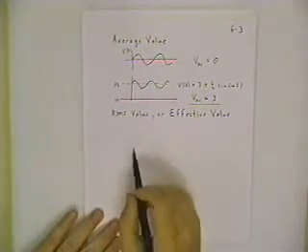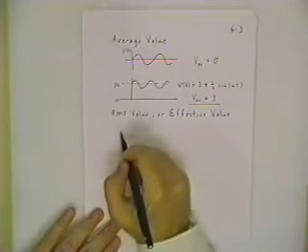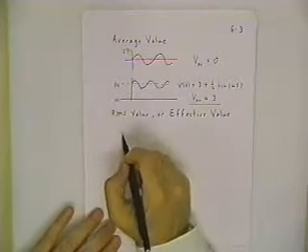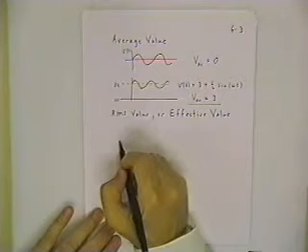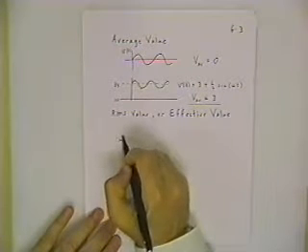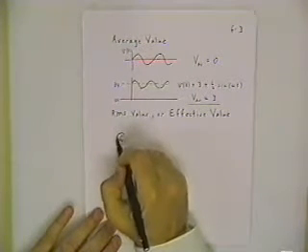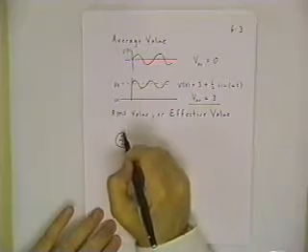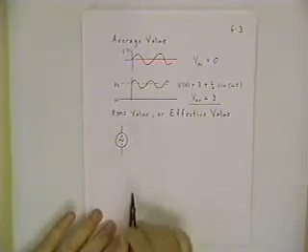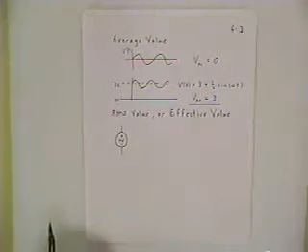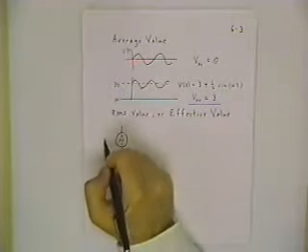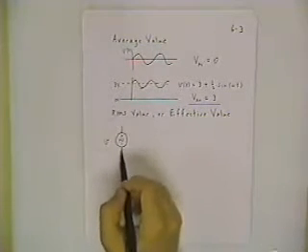Effective value, or RMS value, is a little bit different. One of the modifications to the voltage source symbol that you see in some books is to include a little AC sine wave symbol to say this is a voltage source, but it's oscillating sinusoidally.